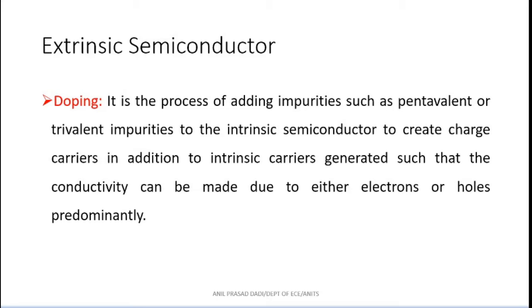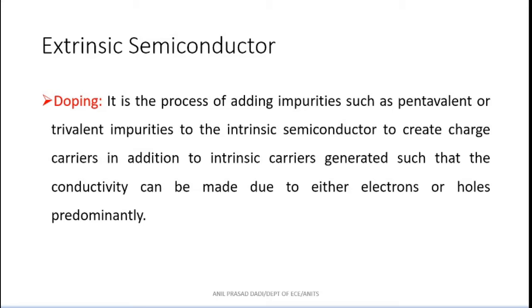I am not interested in controlling my conductivity with respect to temperature, with respect to electron hole pair generation. See, primarily I want my current due to either electrons or holes. I don't want my current due to both the electrons and holes. Before semiconductor, what is the metal we extensively used?